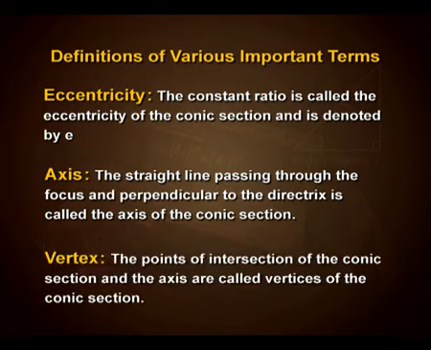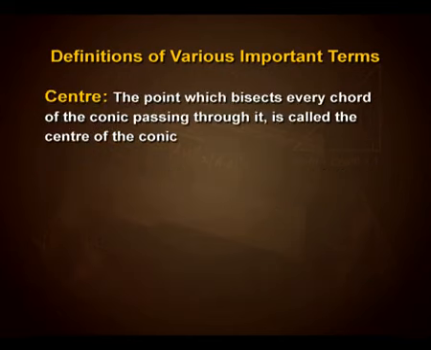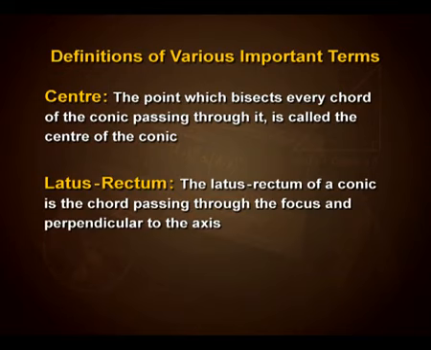The points of intersection of the conic section and the axis are called vertices of the conic section. Center: the point which bisects every chord of the conic passing through it is called the center of the conic. What is latus rectum?